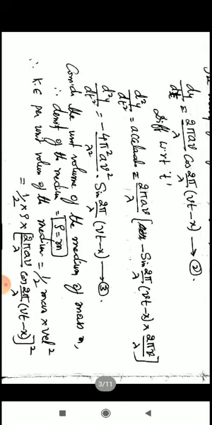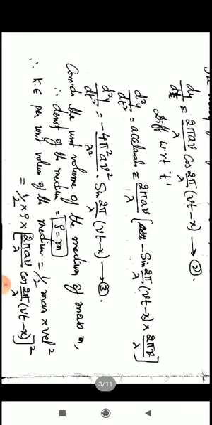Consider the unit volume of the medium of mass m. I am going to consider here unit volume. Therefore, density of the medium is ρ = m. We know that kinetic energy is equal to half mv².